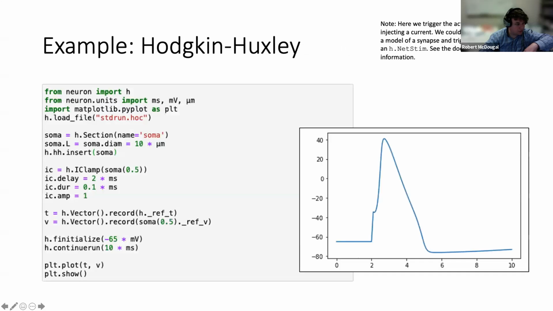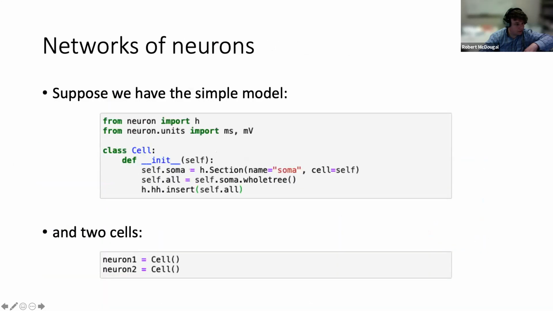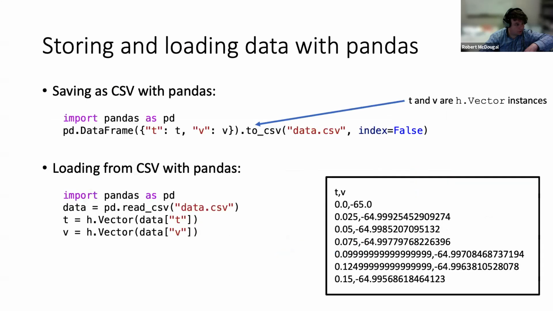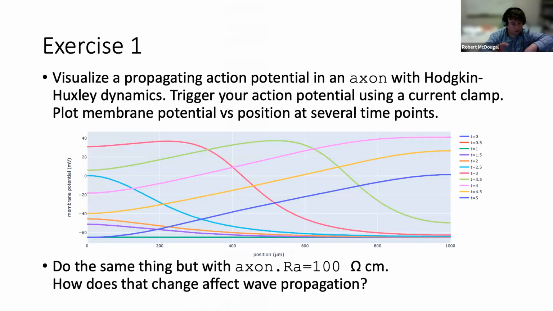The last 3 slides of all of this are 3 exercises that I'd like to talk about on Tuesday. So I'd like to encourage you to look at these. What I'm trying to do right now is to plot the action potential as a function of time. The other way that you can look at an action potential is how the membrane potential varies with space.